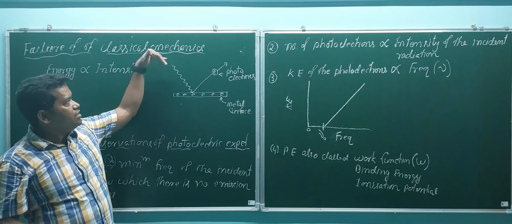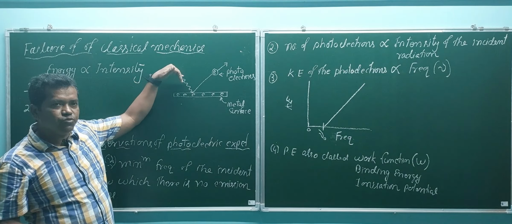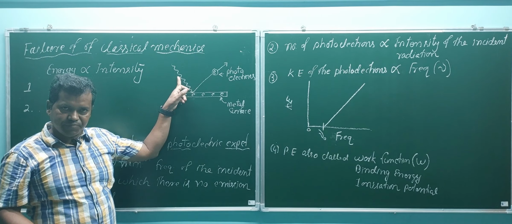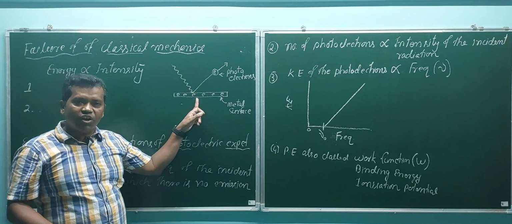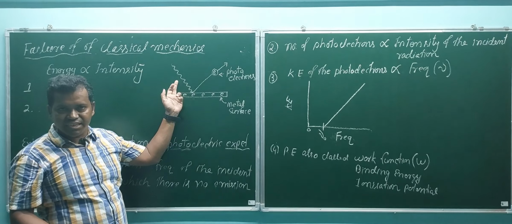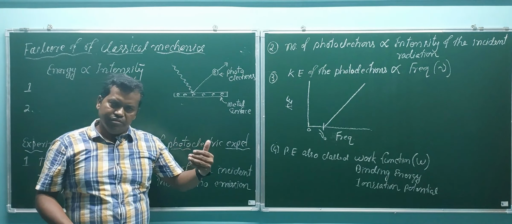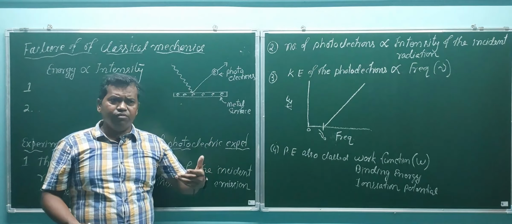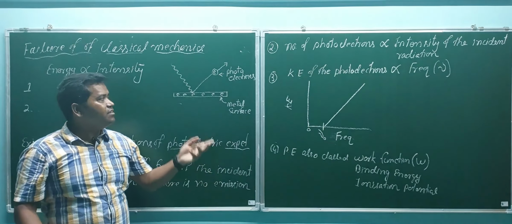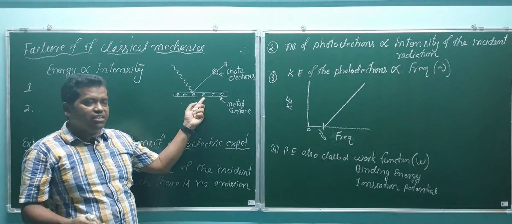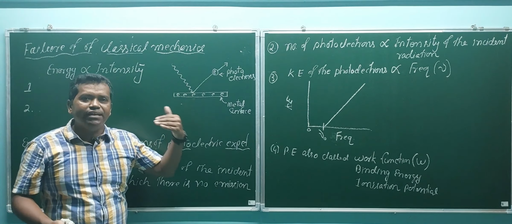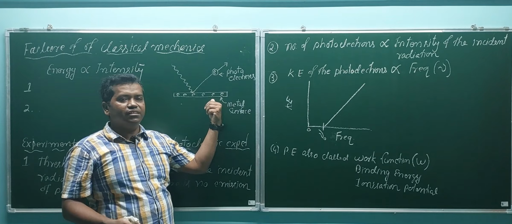Now, if there is a continuous exposure of the metal surface to the radiation, which causes the electron to gain more and more energy from the radiation, then after 1 hour or 2 hours or 3 hours, even after 1 day, it will acquire sufficient energy from the radiation and ultimately be able to eject from the metal surface.